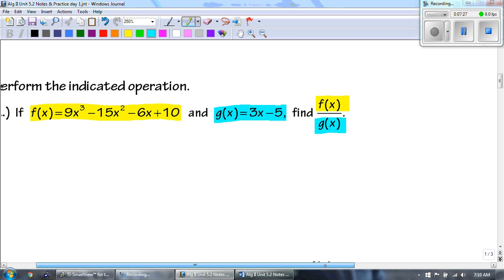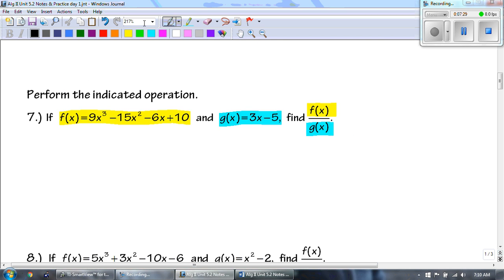Okay, so the first thing I do with a problem like this is I know that f of x on the top is my 9x cubed minus 15x squared minus 6x plus 10. I'm going to divide that by 3x minus 5.